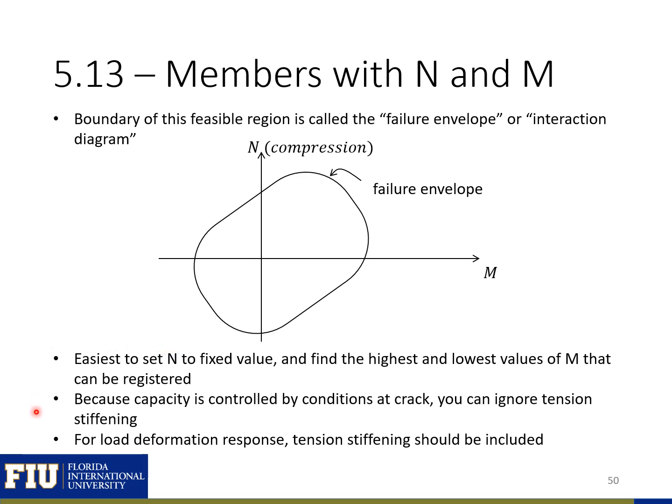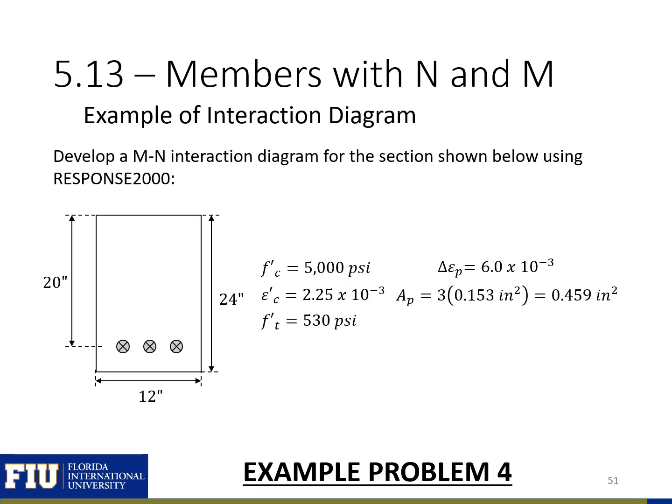Because it's a capacity, and the ultimate capacity is typically controlled by conditions at a crack, when you're developing your failure envelope here, you can ignore tension stiffening. You only really need to include tension stiffening when you're looking at the service behavior of your member and your service behavior after cracking.